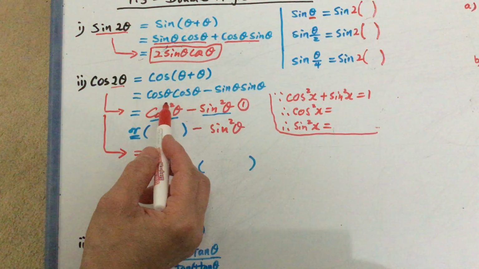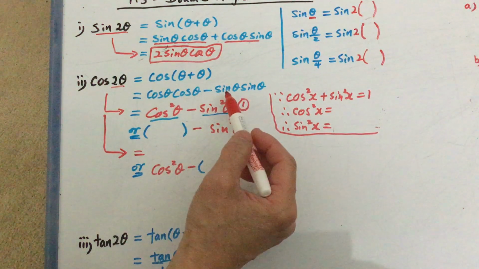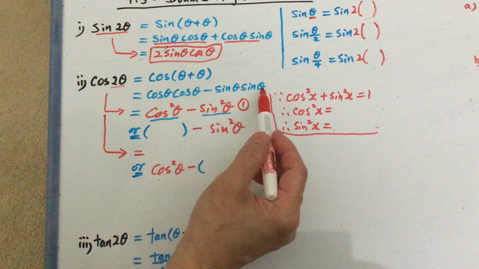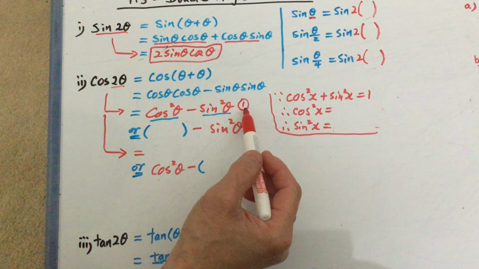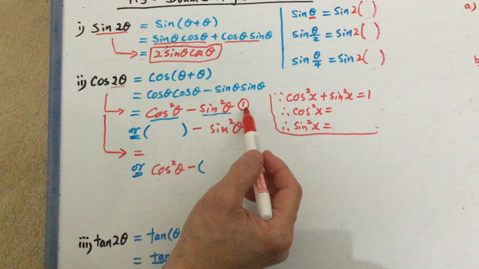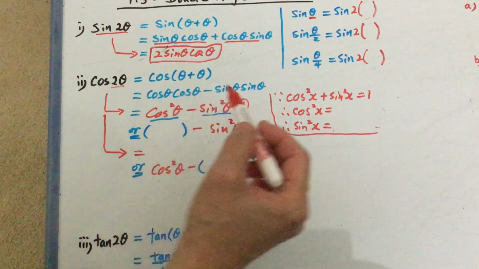And remember, the power of 2 comes in between and not after. Same thing for sine theta times sine theta, you end up with sine squared theta. So this gives you the first formula for the double angle for cosine.